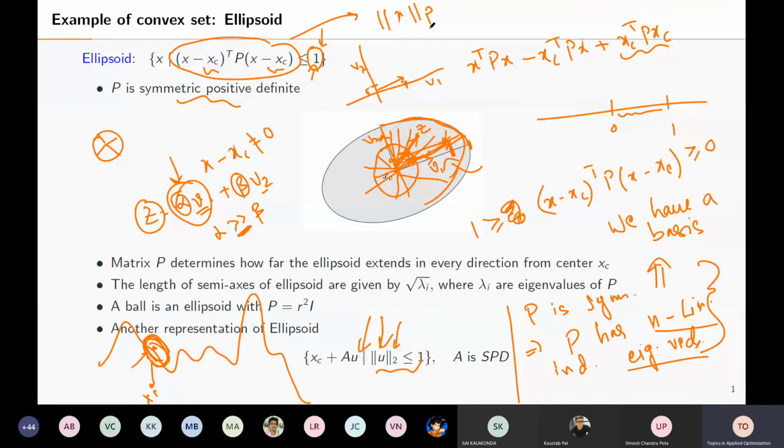So if I am changing the norm, I am changing the landscape. P could be like your local curvature, like the Hessian of your function. The Hessian gives you the local quadratic approximation. So if I employ something like this, then locally it is giving me a quadratic approximation.